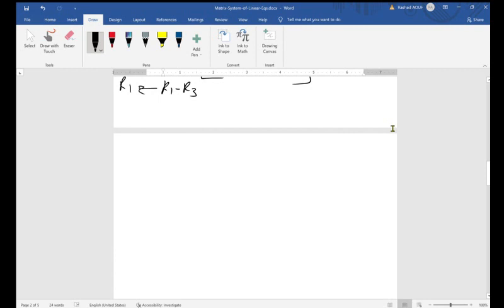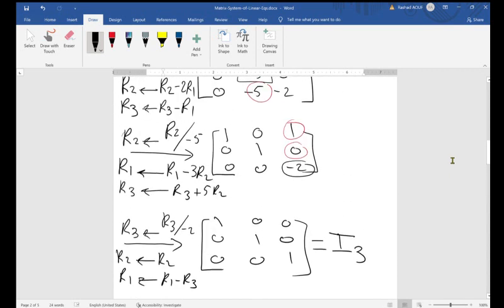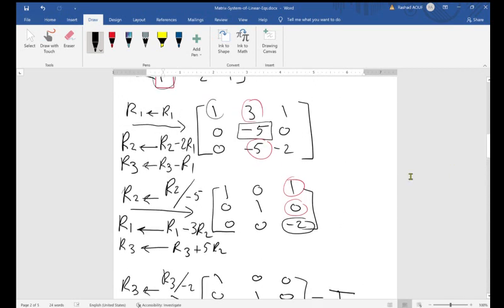I start from I3, equal to 1 0 0, 0 1 0, 0 0 1. So the first step is to use the same operations here.